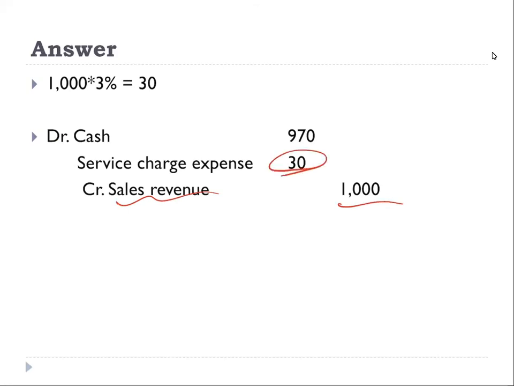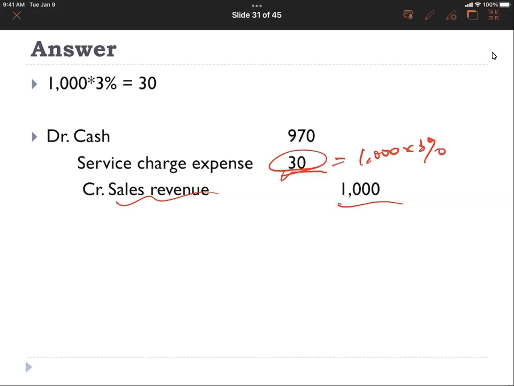The credit card company is taking 3%, so that is $30 as the service charge, and company A is only going to receive 1,000 minus 30, so $970 in cash. So this is about accounts receivable.